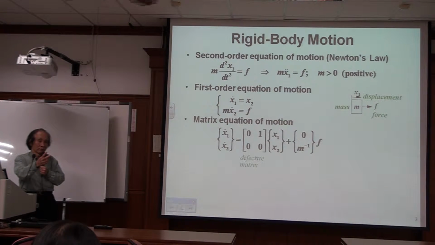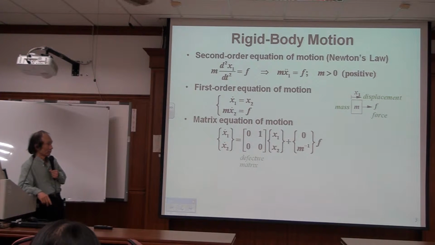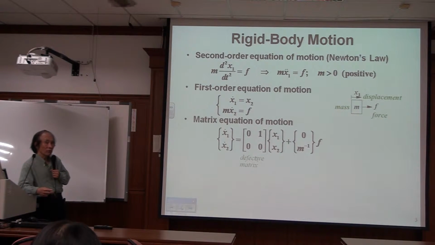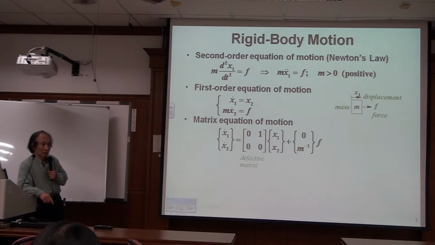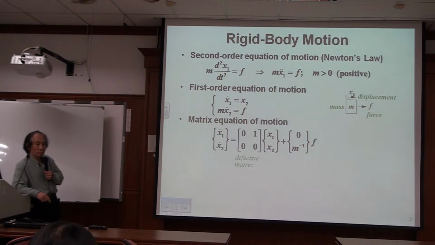Both of the eigenvalues are 0. Two 0 eigenvalues. But these two 0 values only share one eigenvector. If two 0 eigenvalues share one eigenvector, it means a defective matrix.